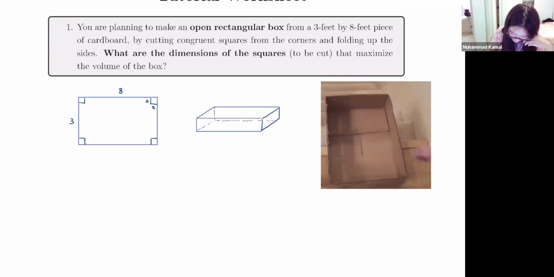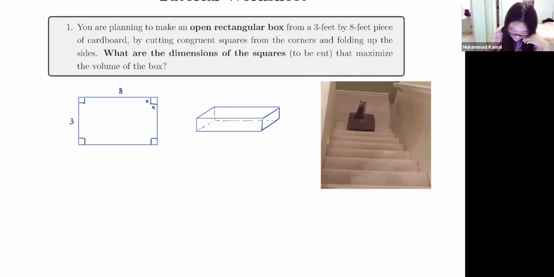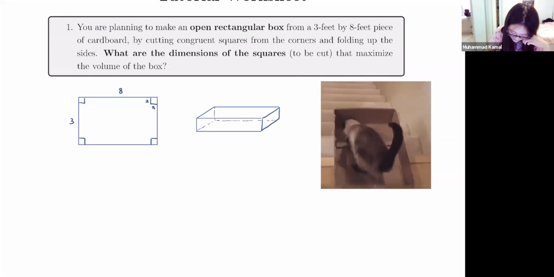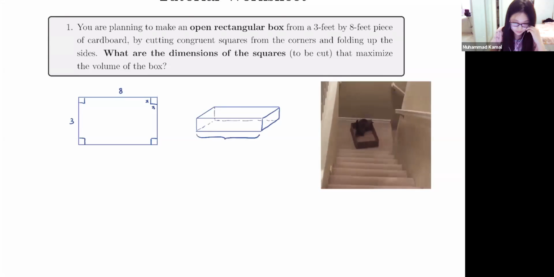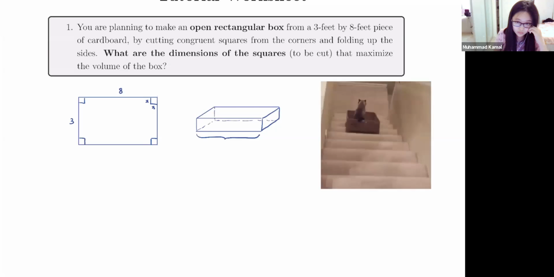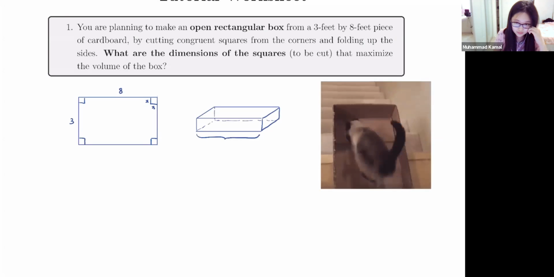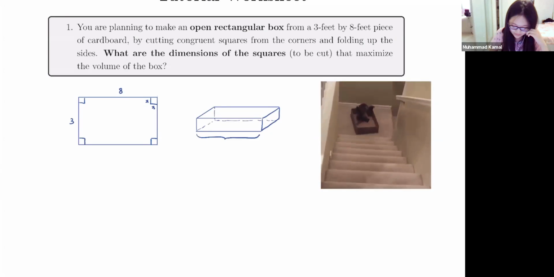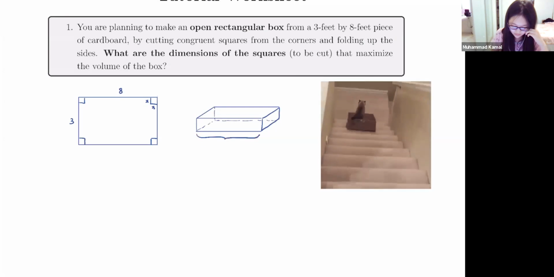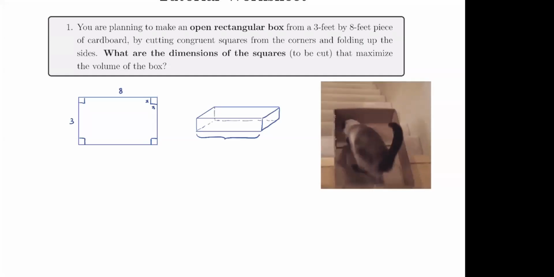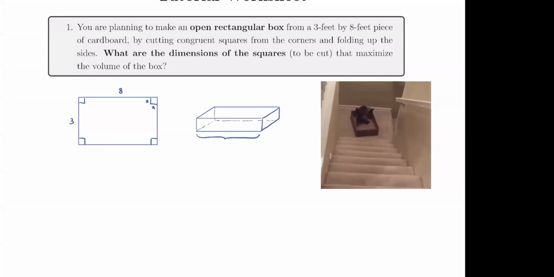This might not be perfect, but I think you understand what that meant. Now my question is, what is the length of this part? So I'm folding this to this. What is the length of this part? Would it be 8 minus 2x? Exactly, 8 minus 2x.